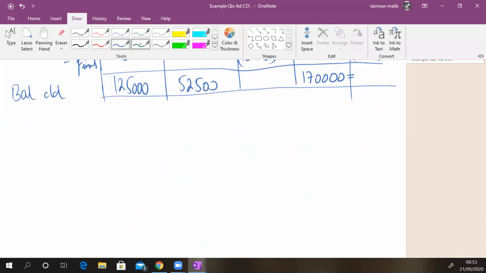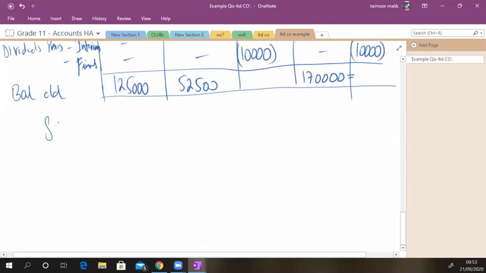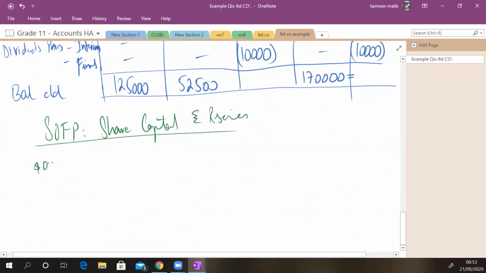Statement of financial position में capital and reserve. Simply copy on the equity business. $0.5 ordinary shares. The revised value is 125,000. ठीक है.